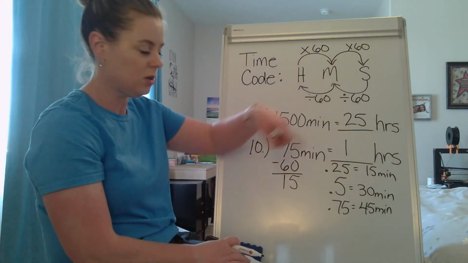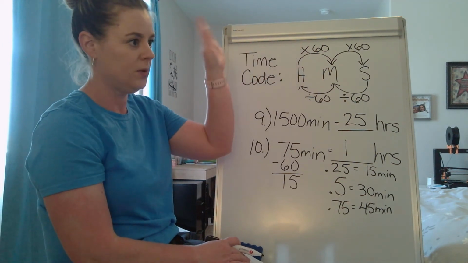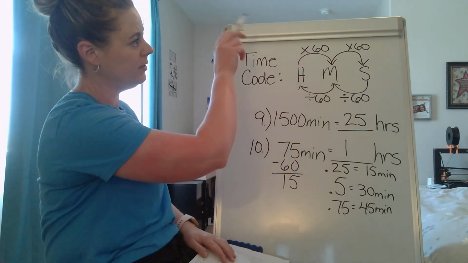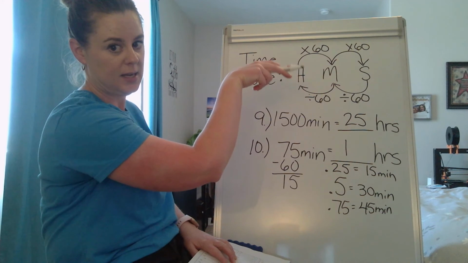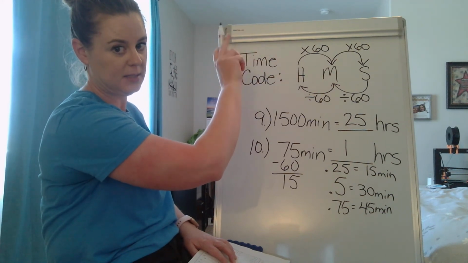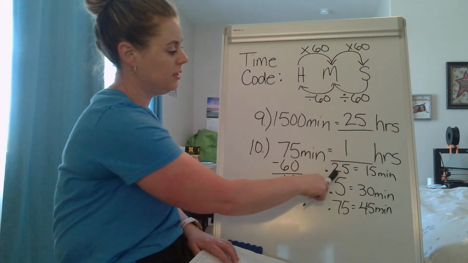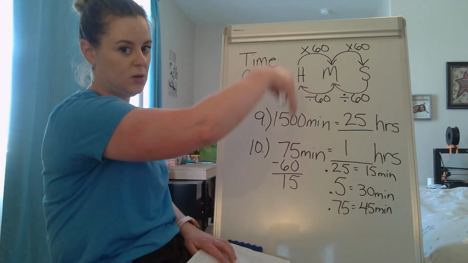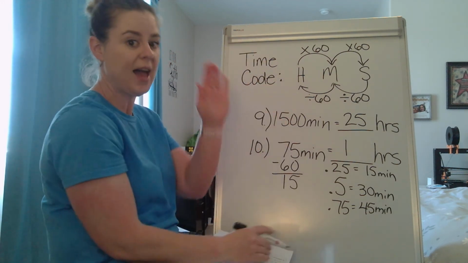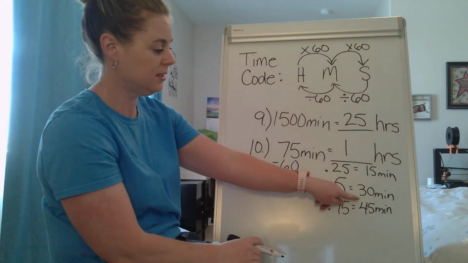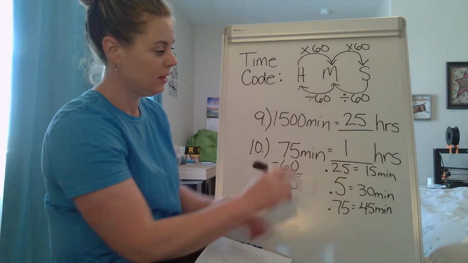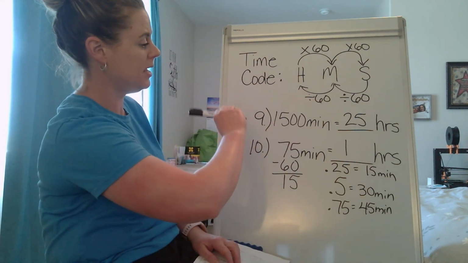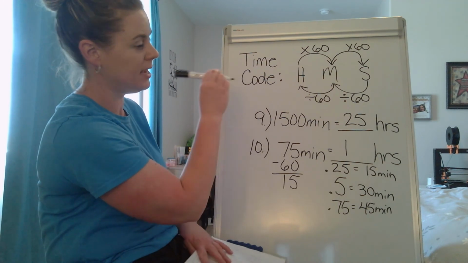Okay, so you break your clock up into quarters, and when you go from 12 to 3, that's 15 minutes. That's a quarter of your clock, 0.25. Then it goes down to the 6, which is half of your clock. That's 30 minutes. Then your minute hand moves over to the 9.